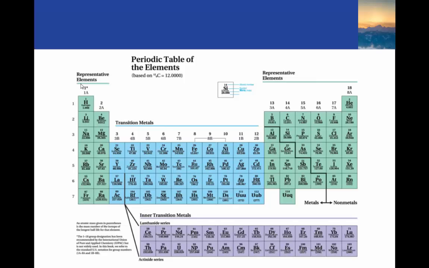If you have one of the other editions, there's probably the same periodic table either on the front cover or the back cover. You may have to look around a little bit for it, or you can use the internet. You guys are all adults, you know how to use Google. I should say you're all taking an online class, so hopefully you know how to use Google. That's one way that you can go look this thing up.